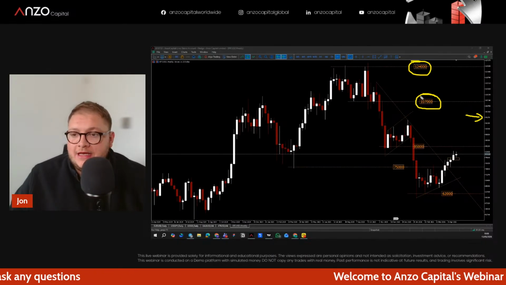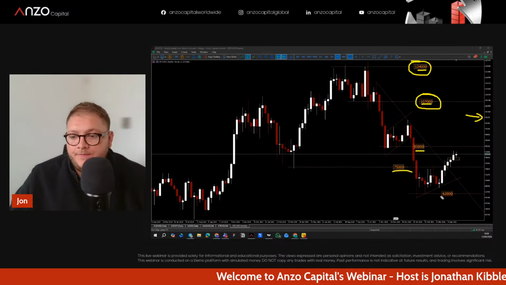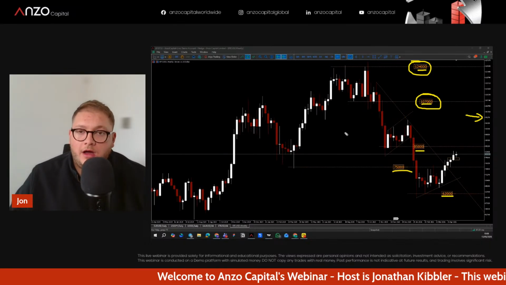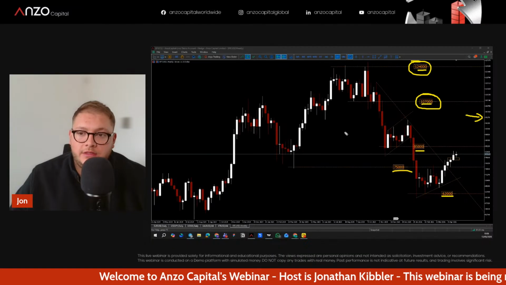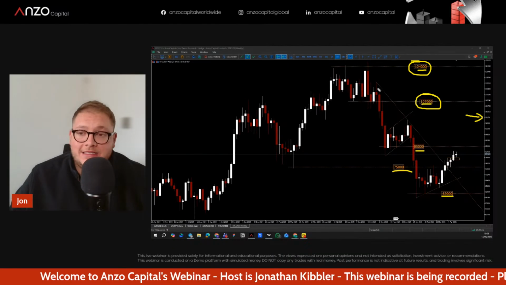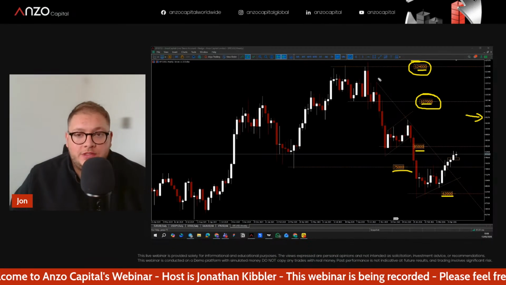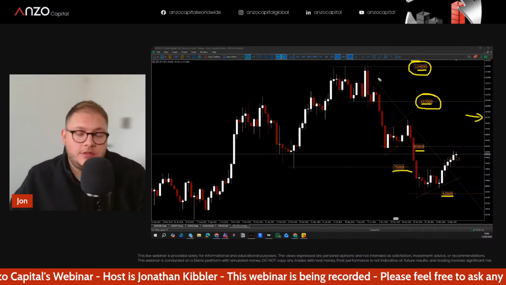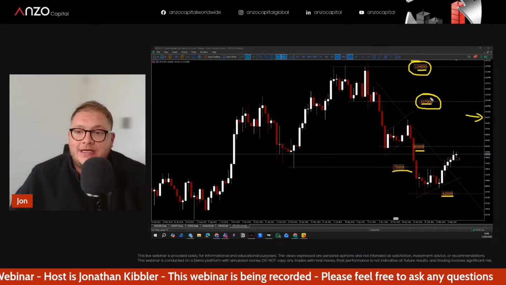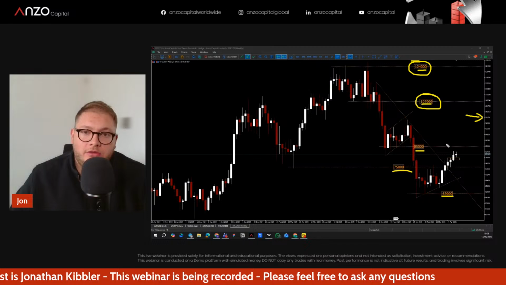You can also see that in these labels, they are always whole numbers. So I like to use whole, half, quarter, or three-quarter numbers. The reason is that back in the day when trading was done in the pits, they would shout these numbers, right? And it's what's known as a psychological number.